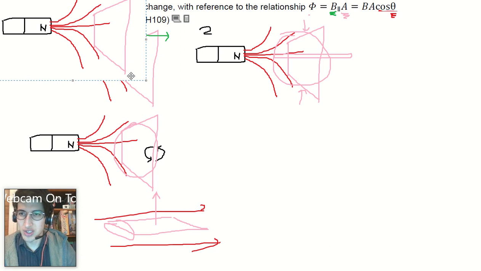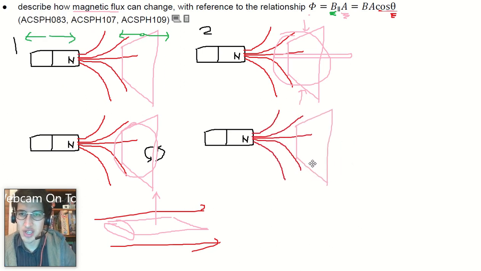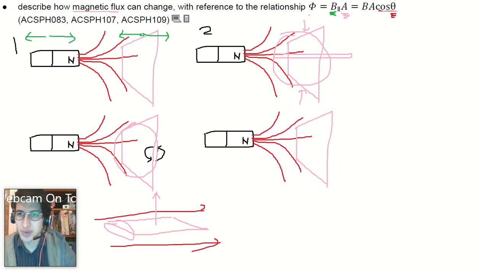Okay, conversely, you don't have to change, where are we at? I was writing numbers on some of these things. This was number three. This was also part of number three. You don't have to rotate this around. You could also rotate the magnet around.